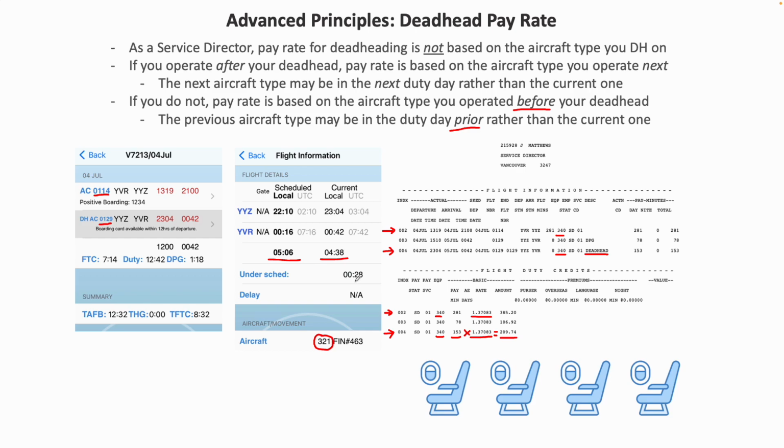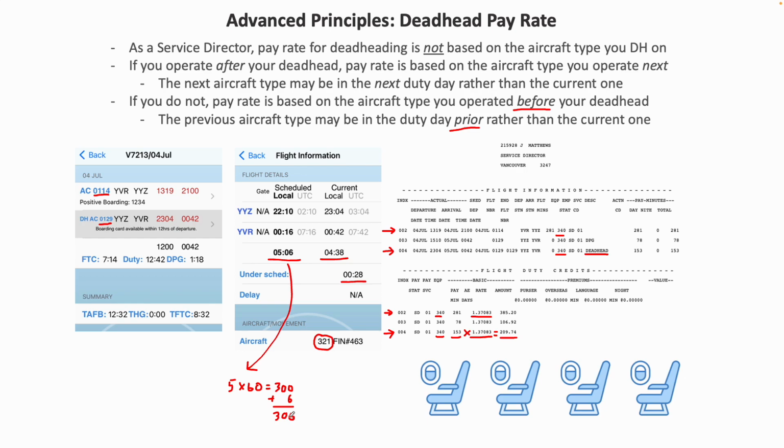So even though we're under schedule by 28 minutes, we have to get paid at least 5 hours and 6 minutes. We need to convert that. So 5 times 60 gives us the number of hours in minutes. And that would be 300. And then, of course, we add the 6. And that gives us 306 minutes.